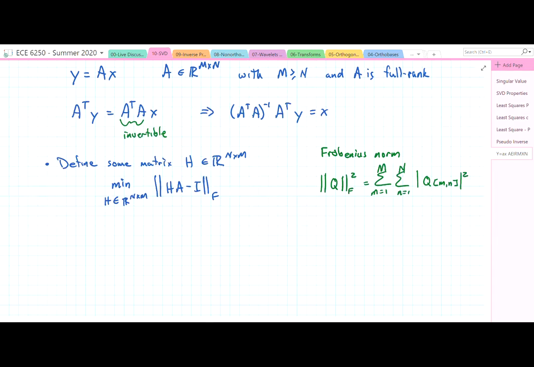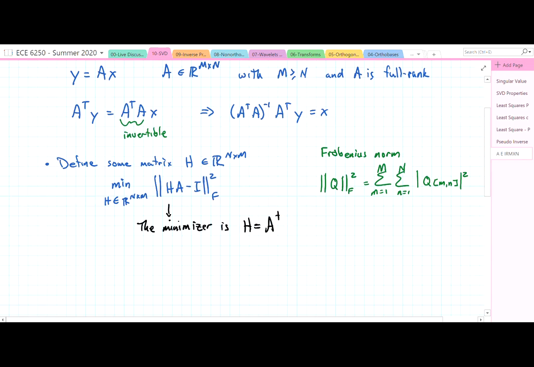So when we're trying to minimize the Frobenius norm of this difference, HA minus I, we are trying to find the H which, when multiplied by A, gives us something closest to the identity matrix. And it turns out that the minimizer is H equal to A dagger as we've defined it.